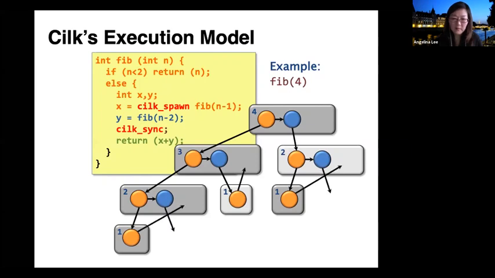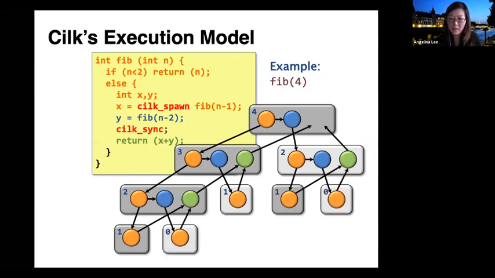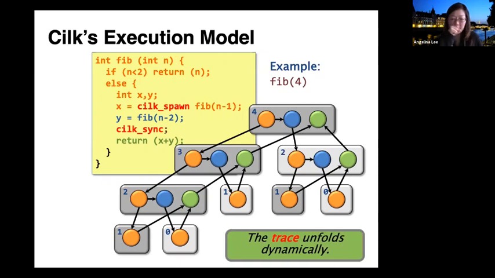And every subroutine can potentially have its own nested subcomputation. Furthermore, this trace unfolds dynamically as the program executes. So this is conceptually how you think about the execution of a parallel program.